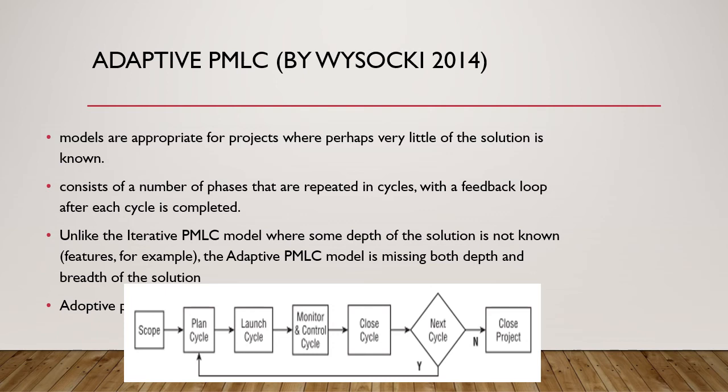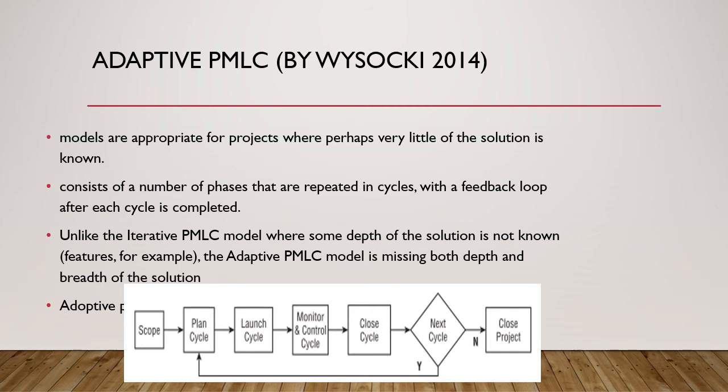The second one in the second quadrant is the adaptive model, which is appropriate for projects where very little of the solution is known. The solution, how to arrive at that goal, you have very little knowledge yet. You are just figuring it out through the process, through collaboration, discussion, and interactions. It consists of a number of phases that are repeated in cycles. For iterative project management, it's iterations.